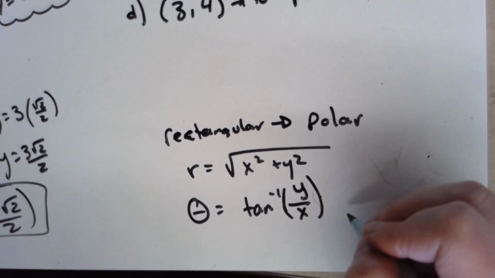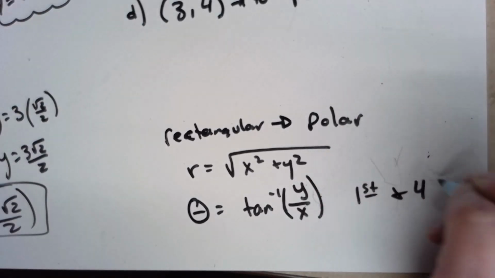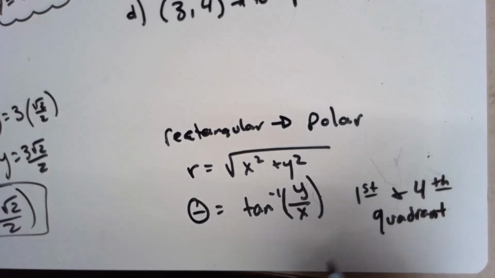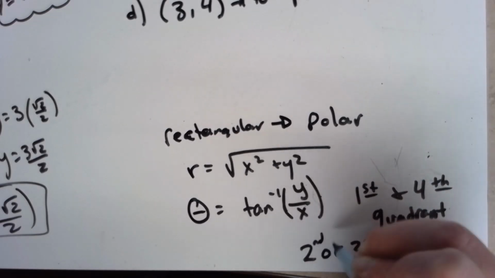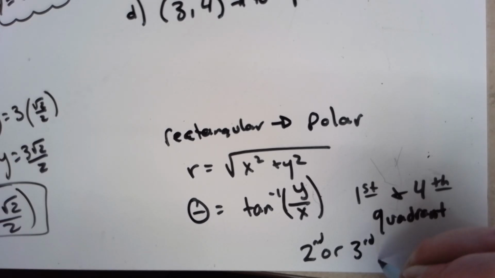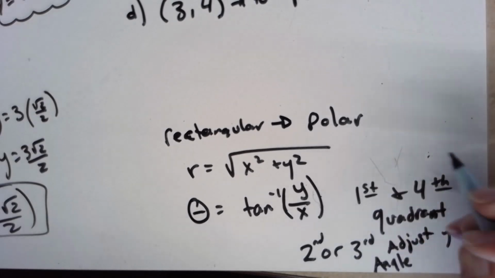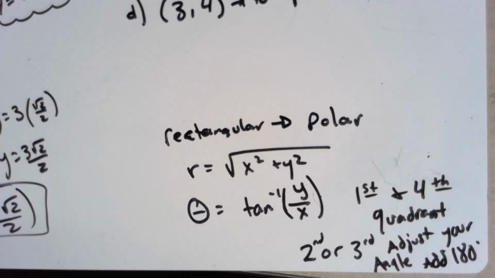But this is only good for first and 4th quadrant. If you're in the 2nd or 3rd quadrant, what you're going to do is adjust your angle by adding 180 degrees.